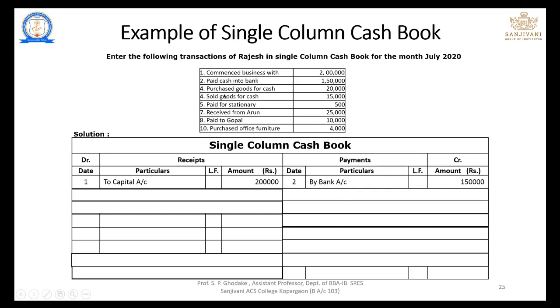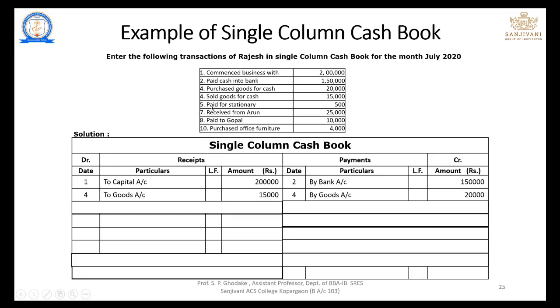Then next, 4th, purchased goods for cash. As goods are purchased, cash is going, so here again it is a payment, so 4th by goods account 20,000. Then on 4th, sold goods for cash. As goods are sold, which means that cash is coming, so it is a receipt. So on 4th we have to goods account for 15,000.